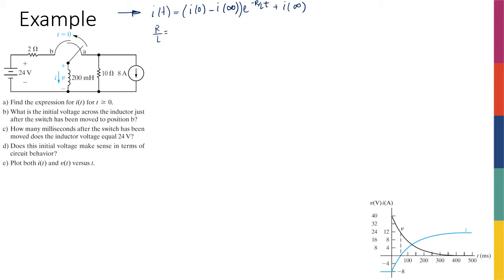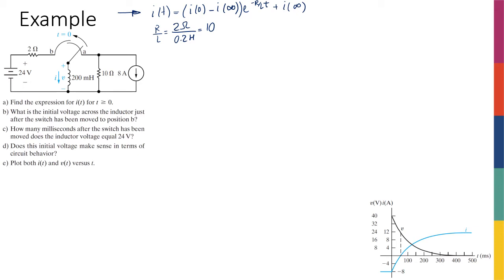I'm trying to find the transient response of the circuit right after the switching. That's the question, for t greater than 0, right? So R is going to be 2 ohms and L is going to be 200 millihenry or 0.2 henry. So this is going to be 2 over 0.2.